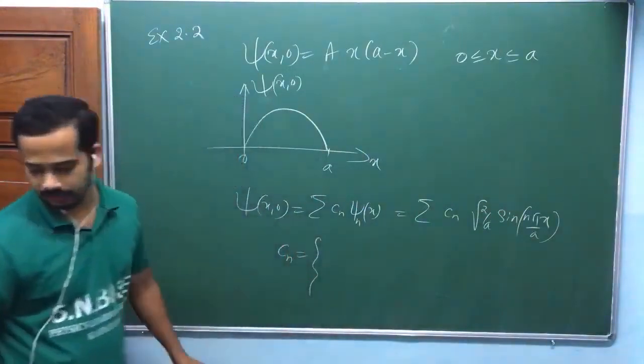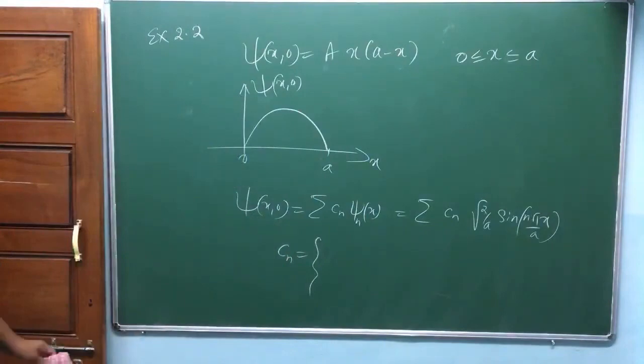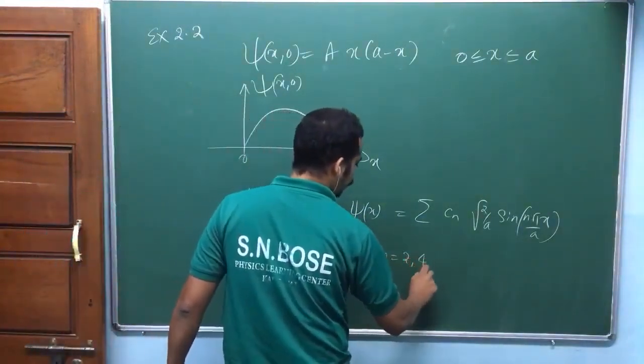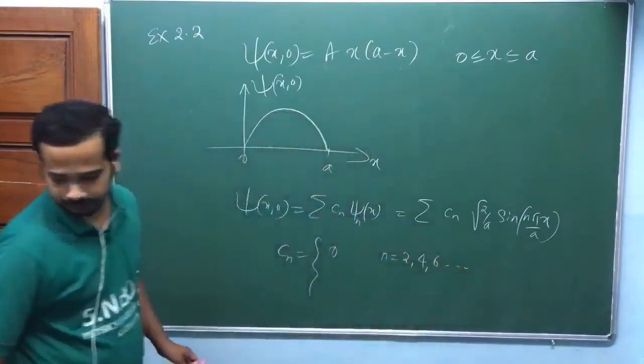Cn, you found that, look at here, 0 for n equal to 2, 4, 6 and so on, okay?